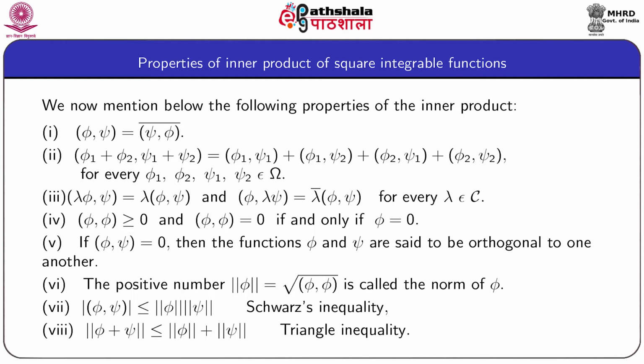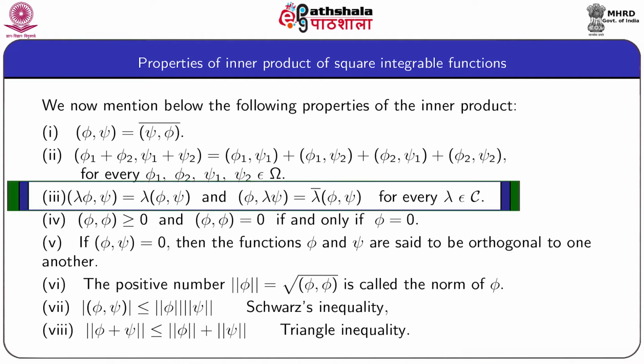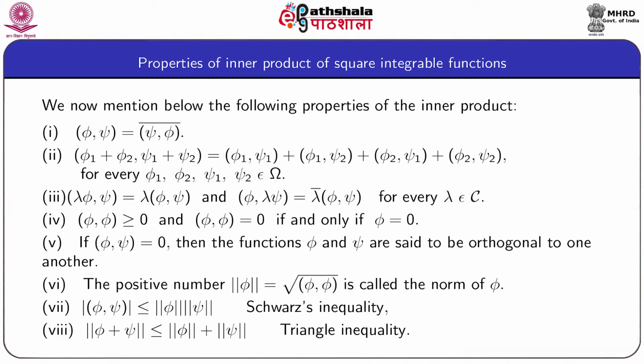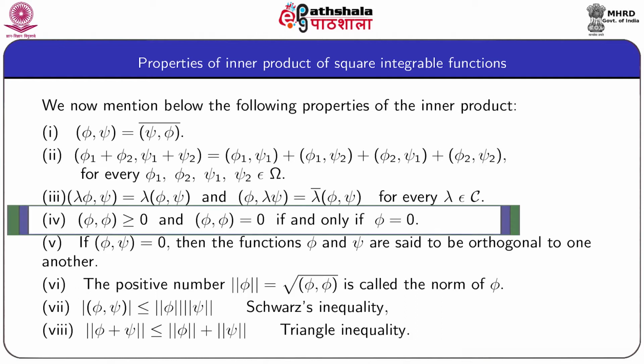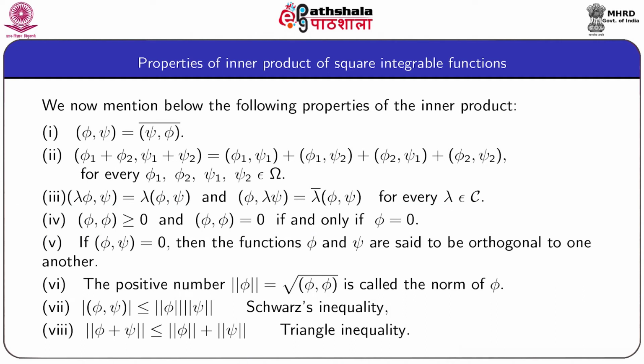Third property is that if lambda is any complex constant, then the inner product of lambda phi and psi is equal to lambda into the inner product of phi and psi, and also the inner product of phi and lambda psi is equal to lambda bar into the inner product of phi and psi. Fourth property is that the inner product of phi and phi is greater than or equal to 0, and it is equal to 0 if and only if phi is equal to 0.